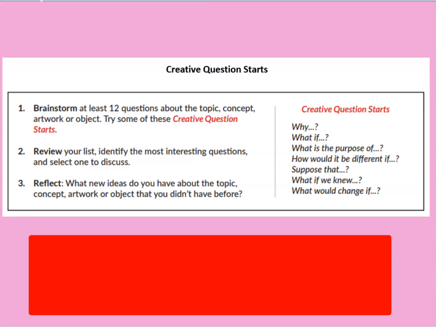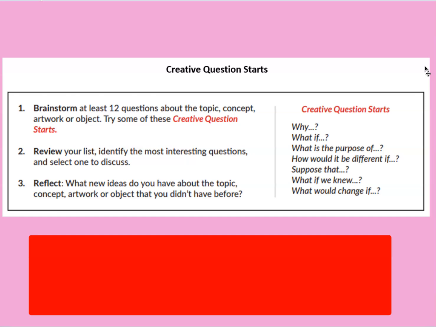So the instructions that Harvard Project Zero gives is to brainstorm at least 12 questions about the topic, concept, artwork, or object. I find 12 to be a bit much. Now, I mostly teach first year, second year. I do get up to 3 and 4 with French, and Japanese, of course, takes a little longer to learn just because it's so different from English, but they're with me for 4 years usually.